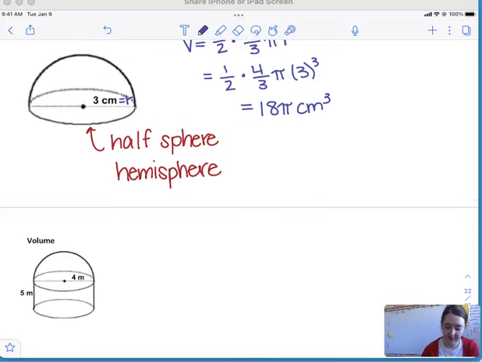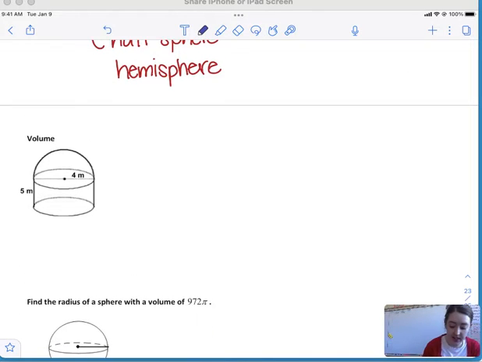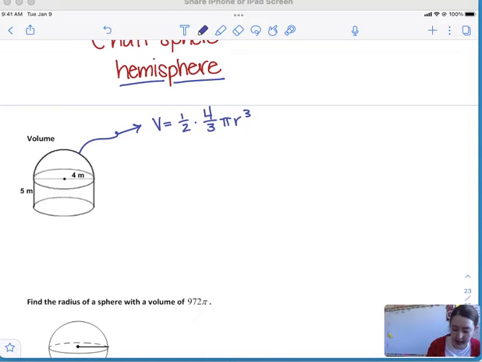All right. So in this guy, we have another one of those hemispheres, right? We have half of a sphere up here on top. So we're going to have 1/2 times that 4/3 pi r cubed. We can see here that our radius is 4.